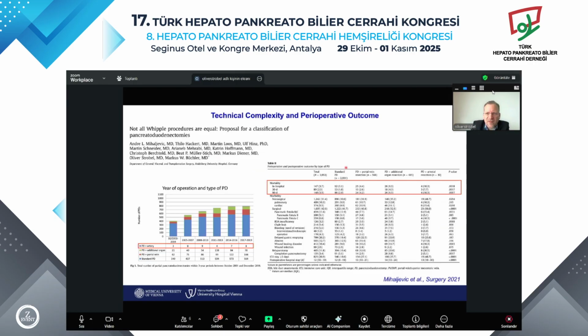We classified standard pancreaticoduodenectomy, PD with portal vein, with additional organ, and with arterial resections, and you can see the statistically significantly increasing mortality.